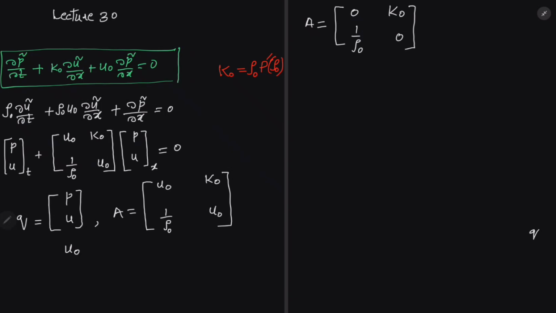Now we want to find the eigenvalues and eigenvectors. The eigenvalues of this problem can be obtained by just putting the determinant of A minus lambda I equal to 0.